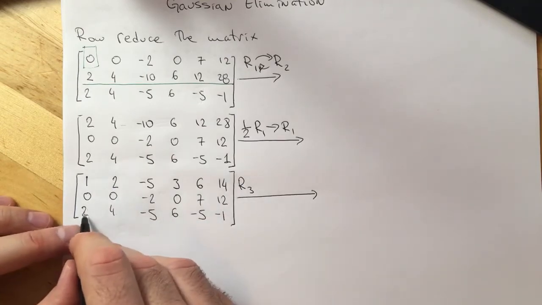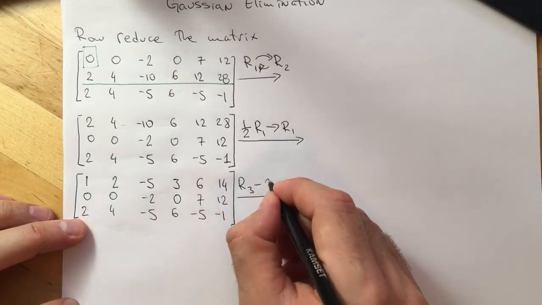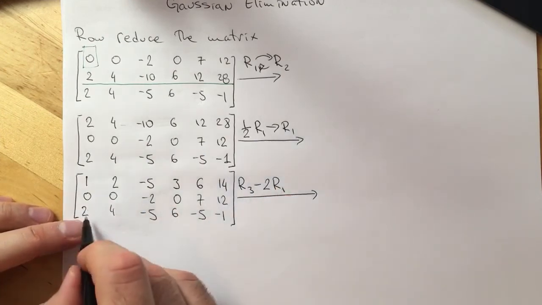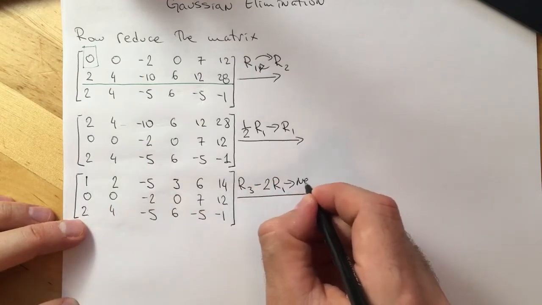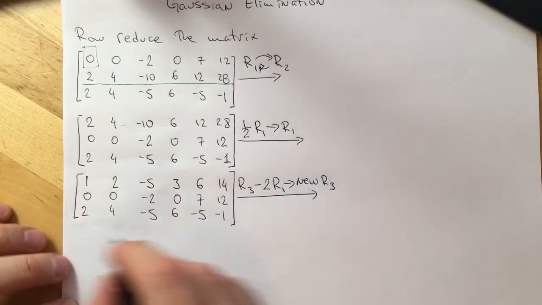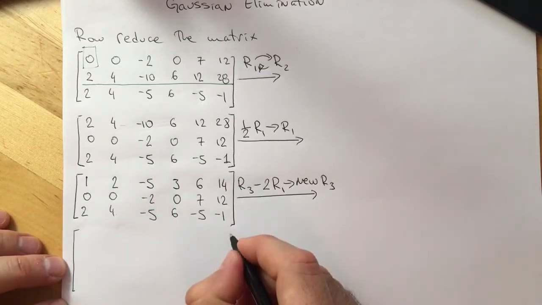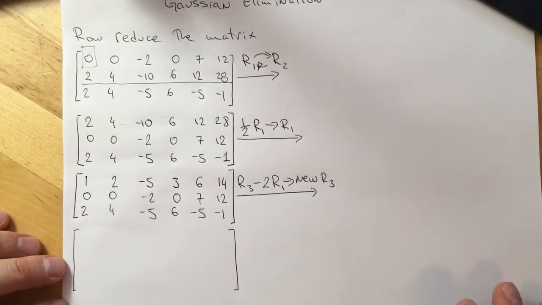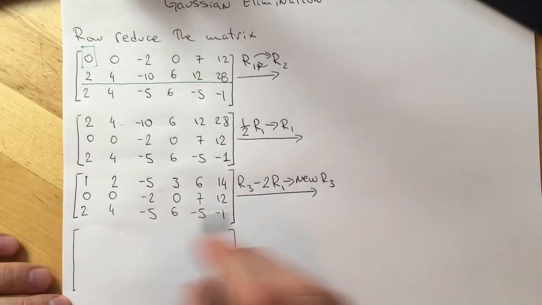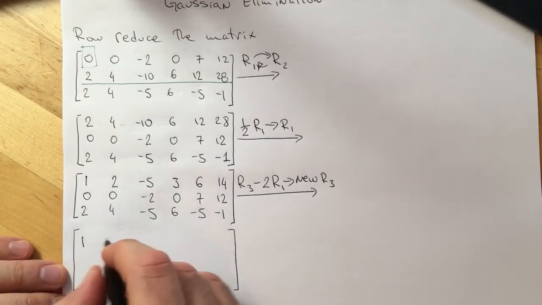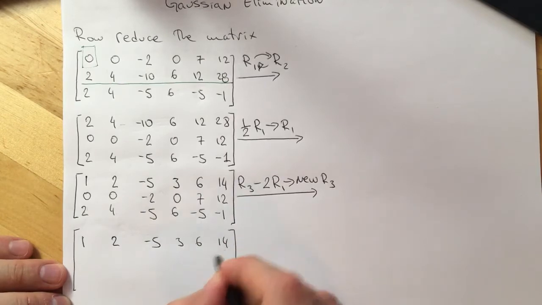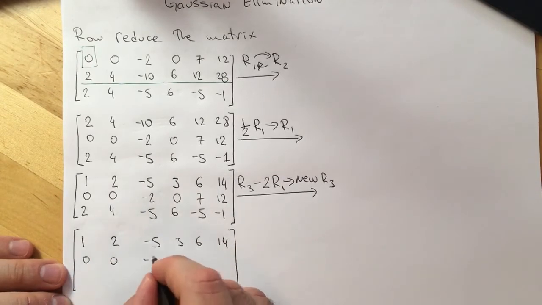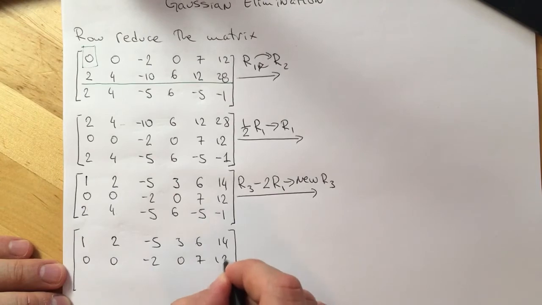Well, that's row 3 minus 2 times row 1, and this becomes the new row 3. At this step I'm not affecting the first two rows, so I'm just copying them: 1, 2, negative 5, 3, 6, 14, 0, 0, negative 2, 0, 7, 12.